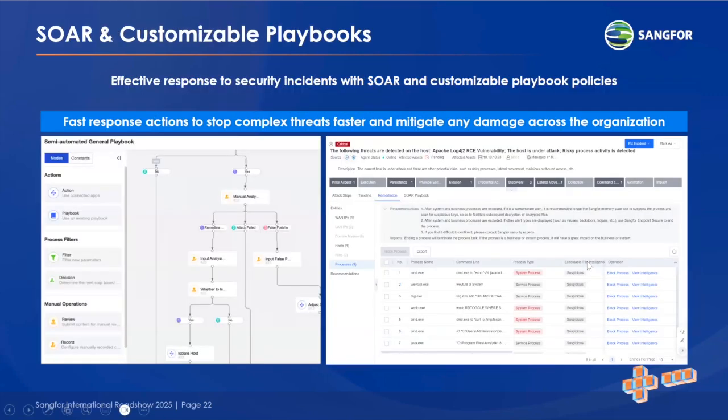And the second thing is a playbook. So we can provide the playbook in the left part. With our what-you-drag-is-what-you-get canvas, you can just develop according to your requirement. For example, you say, there's a website I don't want someone to access.